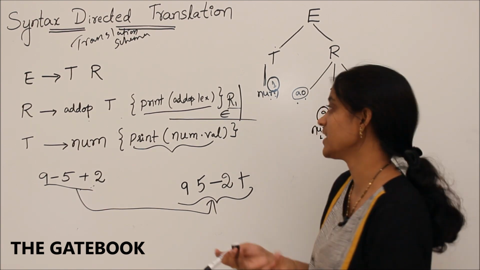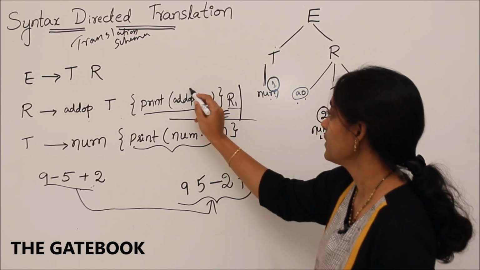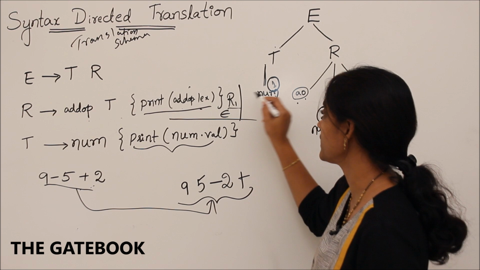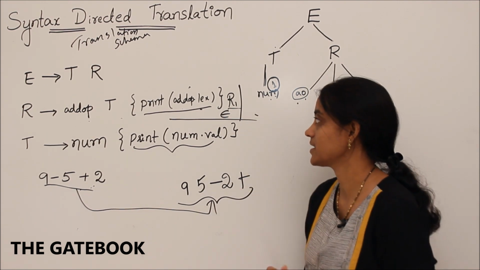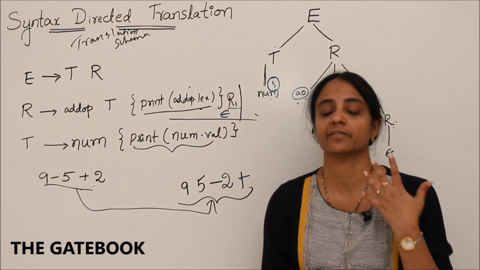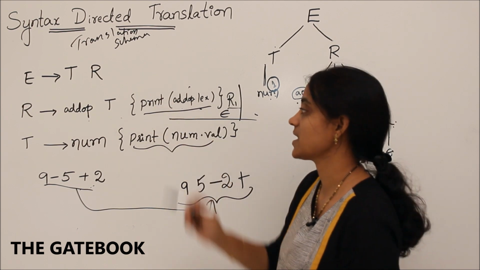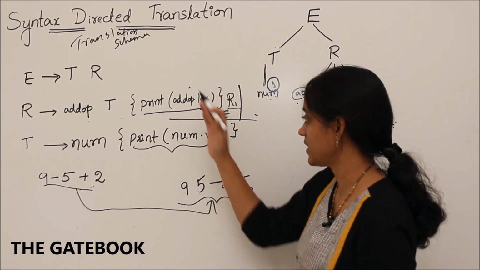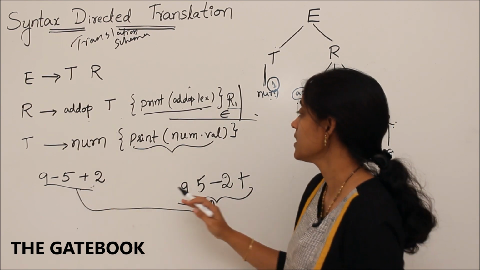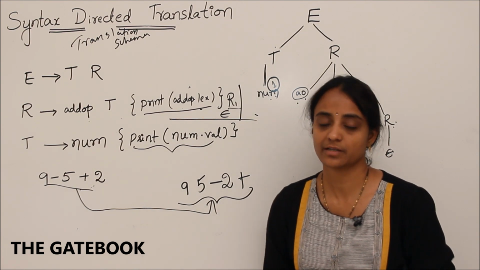We should know when exactly this rule needs to be applied. Suppose instead of printing here, if we print after this one, then it will have a totally different expression, right? So the order of evaluation is also sometimes important. That's why we use translation schemas in most of our real life applications or whenever we construct parsers, because they will tell the exact order of evaluation also.